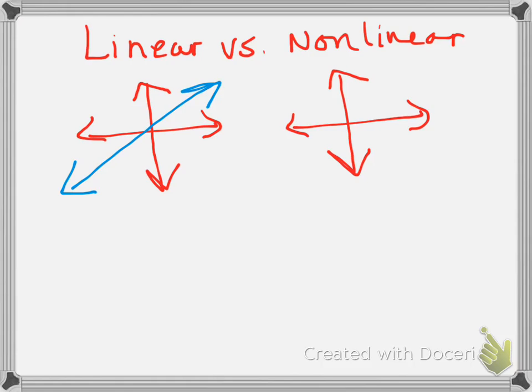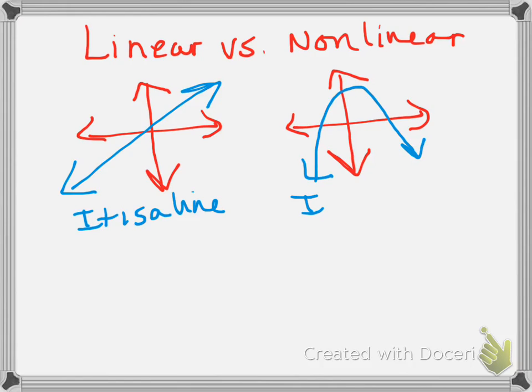And you would use the explanation that it's linear because it is a line. Okay. Nonlinear would be something like this. Maybe a parabola or something with a curve, and it is nonlinear because it has a curve. And that definitely makes it not a line.